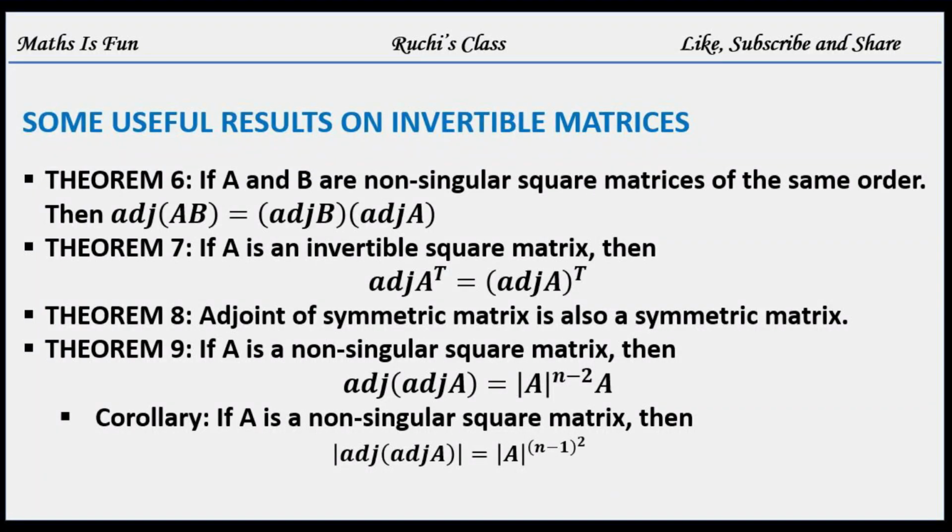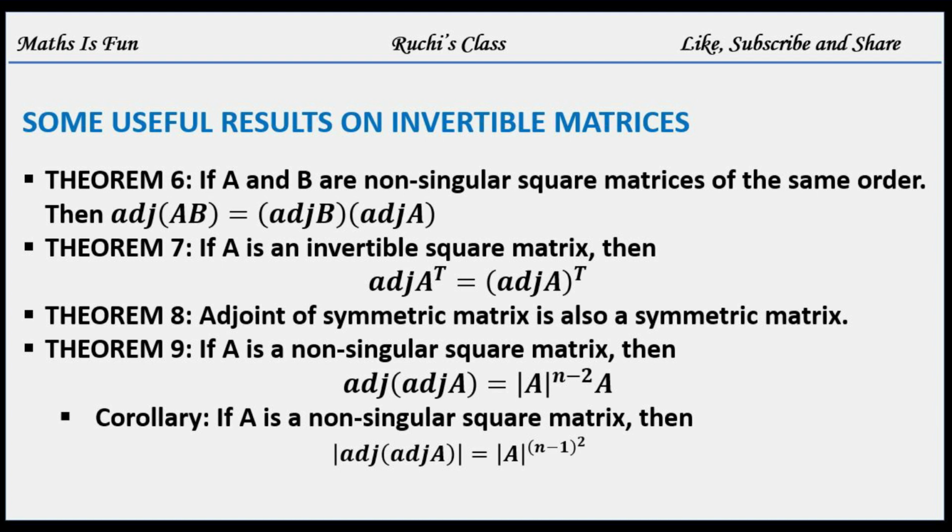If A and B are non-singular square matrices of the same order, then adjoint of AB is equal to adjoint of B into adjoint of A. If A is an invertible square matrix, then adjoint of A transpose is equal to (adjoint A) transpose. The adjoint of a symmetric matrix is also a symmetric matrix.